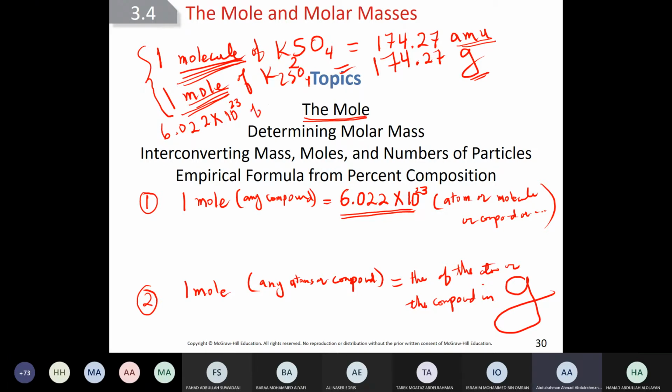One mole of K2SO4 is equal to how many grams? 174.7 gram. Continue. K2SO4.